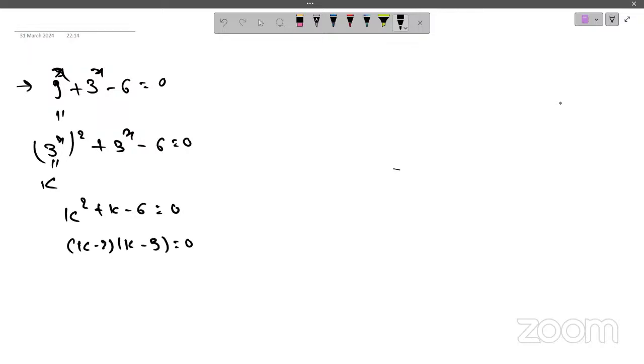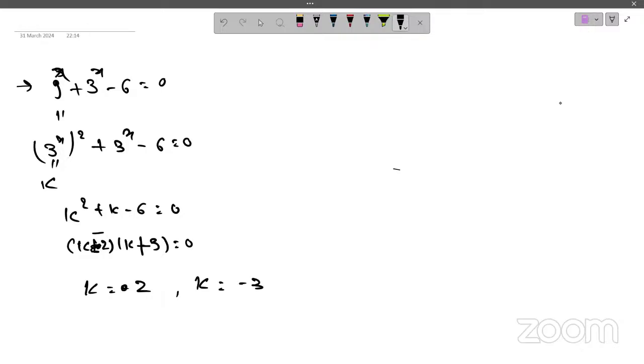Ma'am, k plus 2 and k minus 3. Oh, k plus 2 and k minus 3, so one will be negative. Sorry, this will be plus, this will be minus, then the product is minus 6 and the sum is plus 1. So k is equal to 2 and k is equal to minus 3, right?